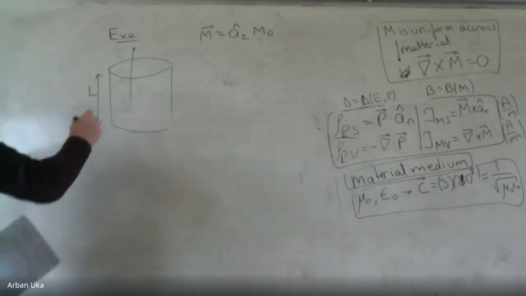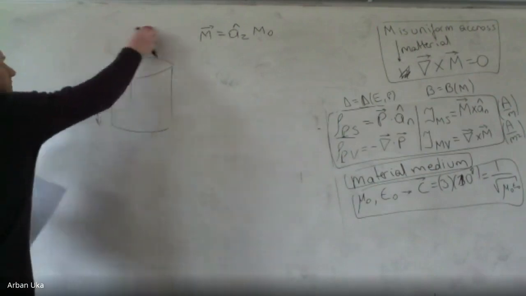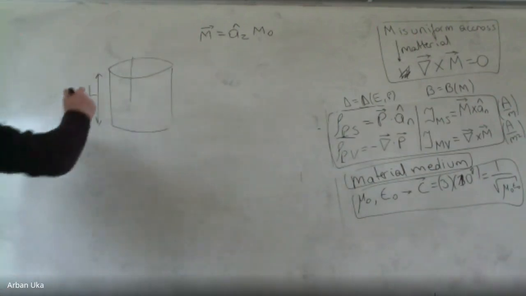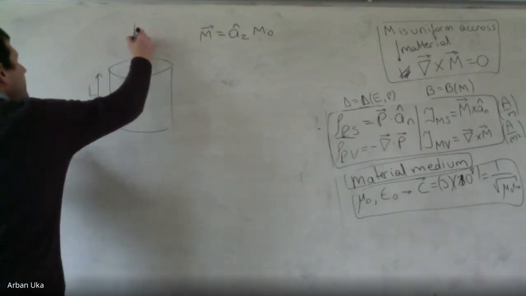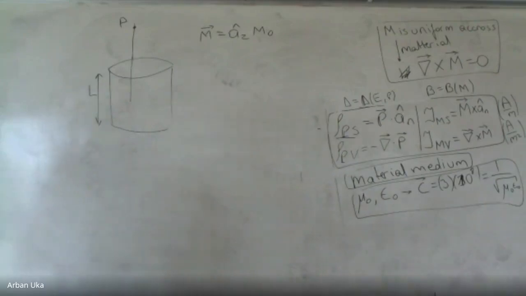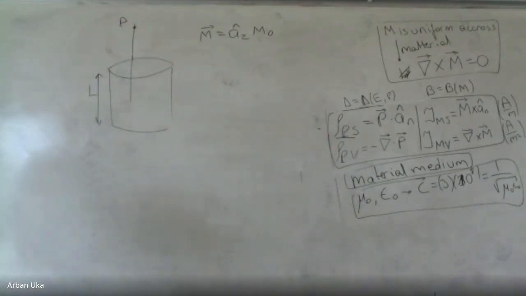and more specifically, at some point. Let's try to draw this a little better. Let's try to identify the magnetic field which is created at some point P away from this specific cylinder.